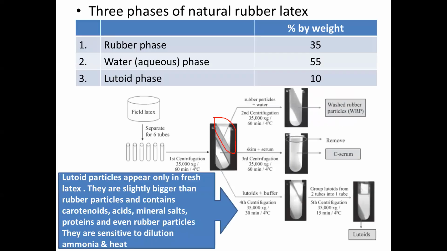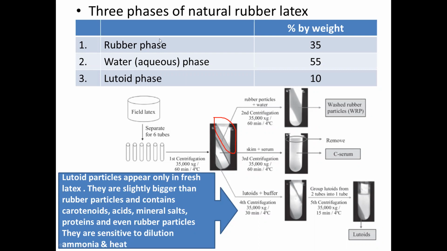So this is how you know that rubber is not a single solution, but has different constituents. When you separate these constituents and analyze, you will get different compositions. Now, in the case of this rubber phase, when you analyze it, it is not only cis-1,4 polyisoprene present, but it also has a certain amount of proteins and also lipids.